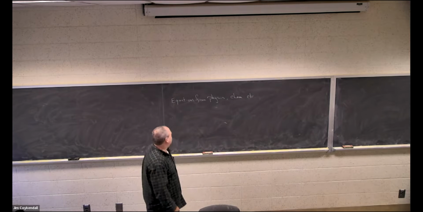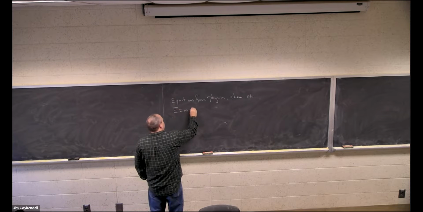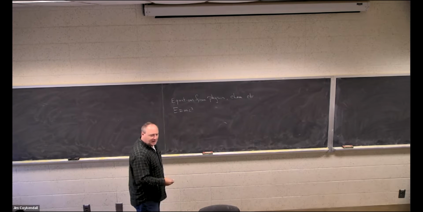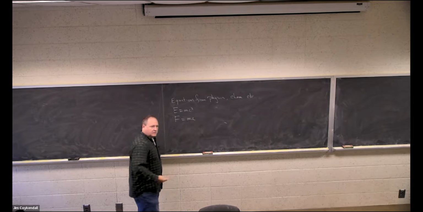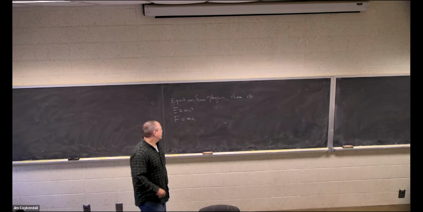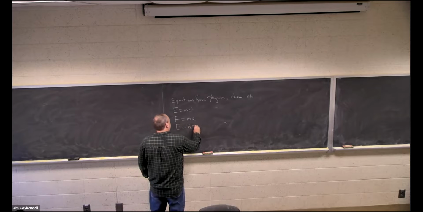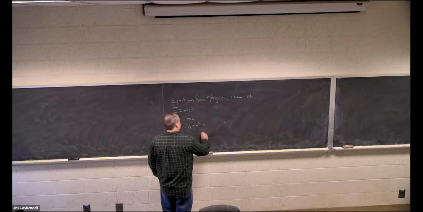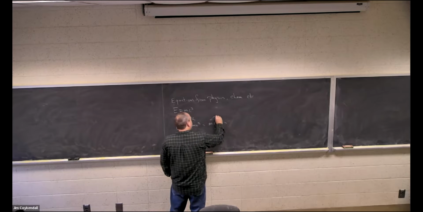But there are many equations from physics, chemistry, and whatnot. So here's some famous ones, right? Einstein's famous one. Got to give a shout out to Newton. Force is mass times acceleration. Kinetic energy is this. Or potential is this.